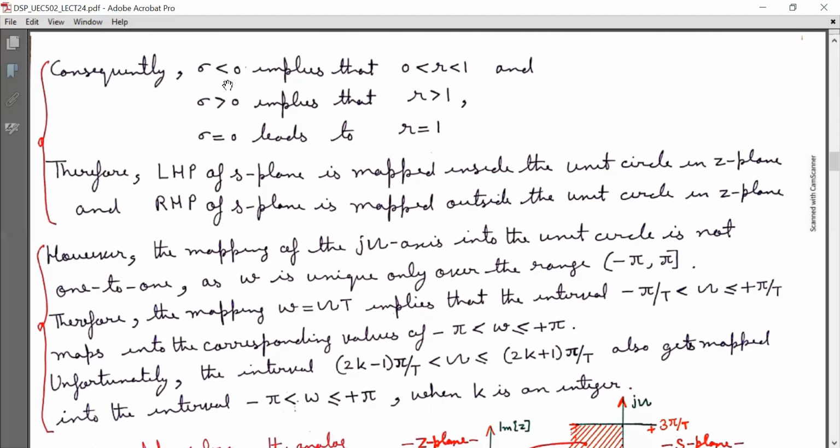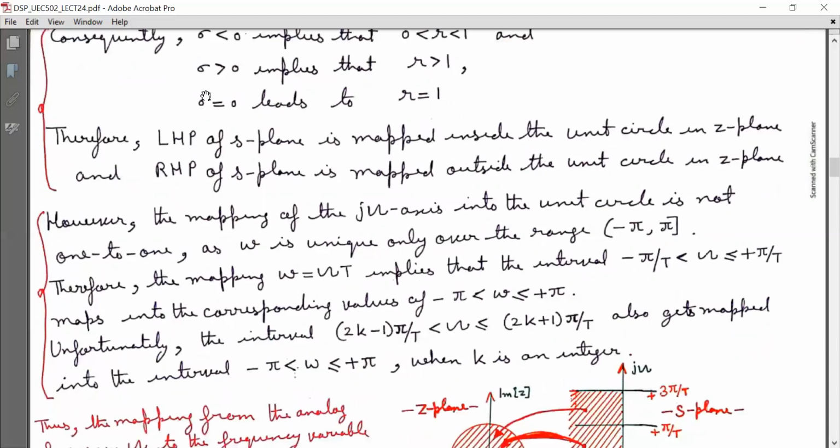Look at this. Sigma is less than 0 implies that r is lying between 0 and 1. So LHP of S plane is going to be mapped inside the unit circle in Z plane. Here, look at this. Sigma is greater than 0 implies that r is greater than 1. So RHP of S plane is mapped outside the unit circle in the Z plane.